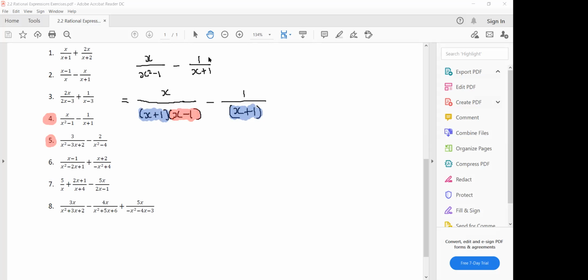What I'm trying to say is this. I don't need to do anything to the first fraction. If I want these two to have the same denominator, all I have to do is work with the right side or the second fraction and multiply it by 1.